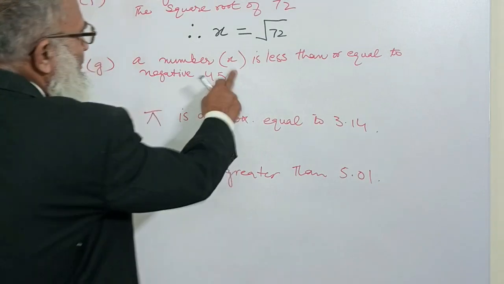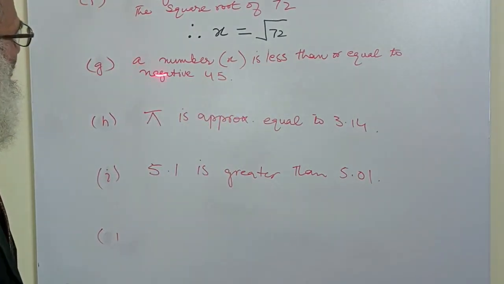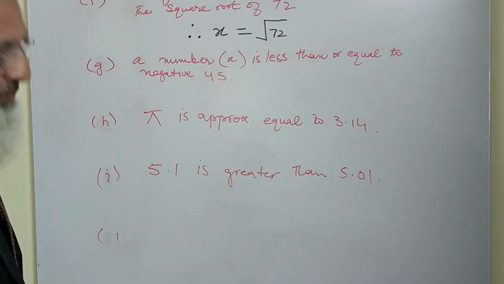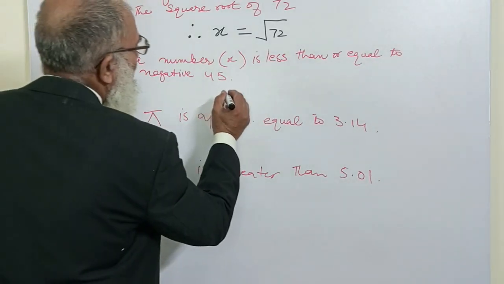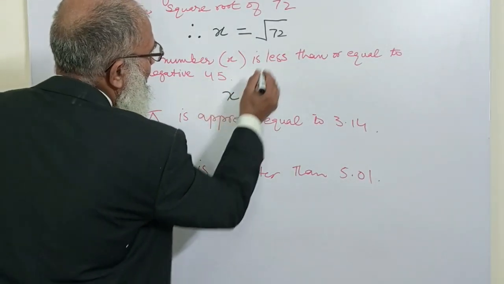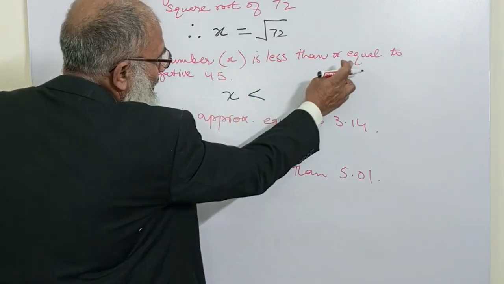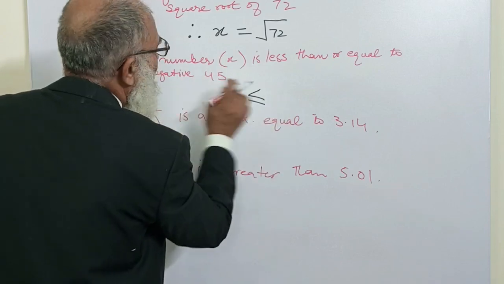A number x is less than or equal to negative 45. Number x is less than or equal to negative 45.